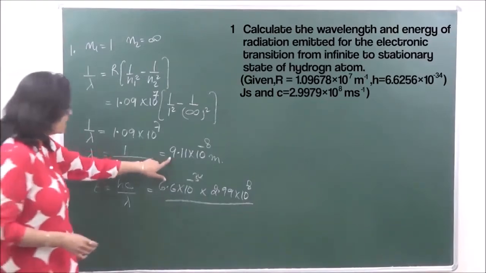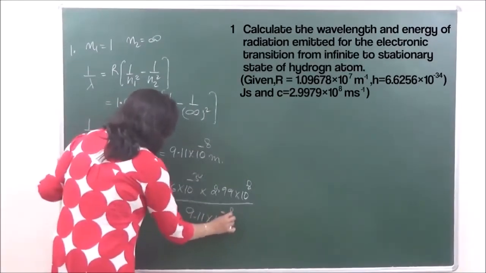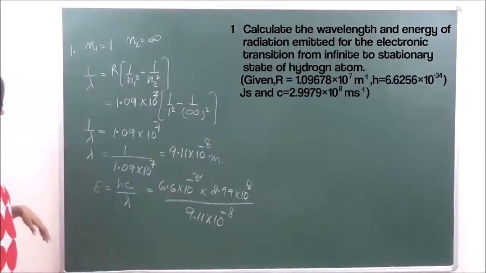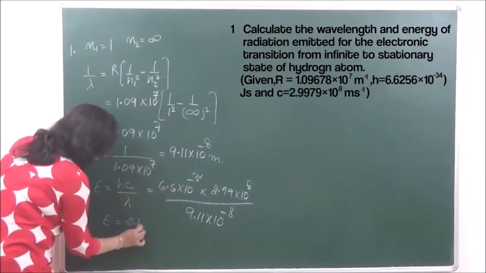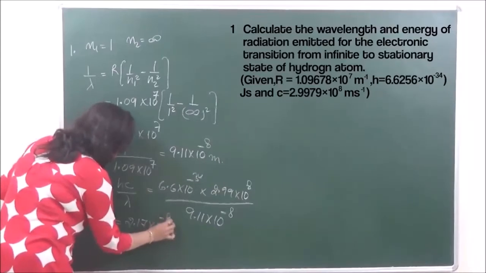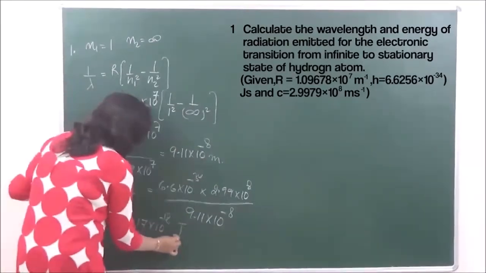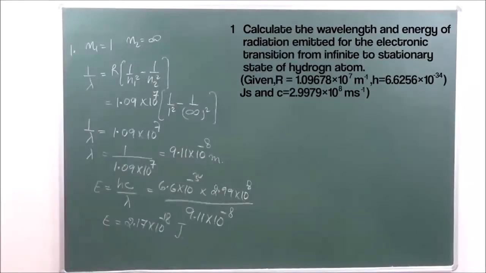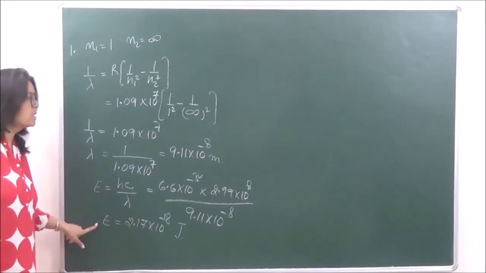The value of lambda can be taken from here, it is coming as 9.11 into 10 raised to power minus 8. When we calculate this, E comes to 2.17 into 10 raised to power minus 18 joules. So this is how this question had to be done. In the first step, calculate the value of lambda, then put it in E is equal to hc upon lambda, and you can calculate energy. So this was a simple question.